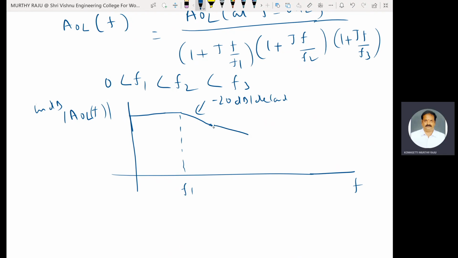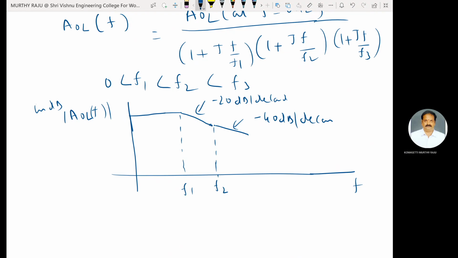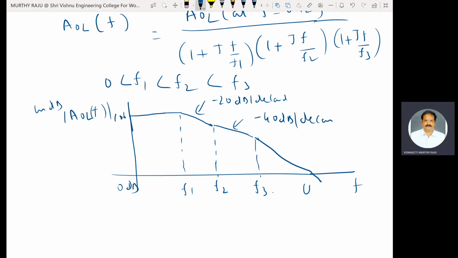At second corner frequency F2, due to the stages, minus 40 dB per decade, the open loop gain decreases like that. This one is 0 dB. This one is 106 dB. And it crosses 0 dB here at the third corner frequency F3. This one is the unity gain bandwidth product.